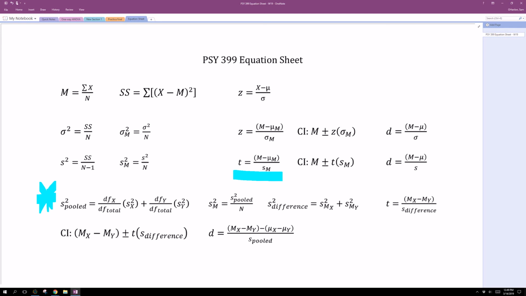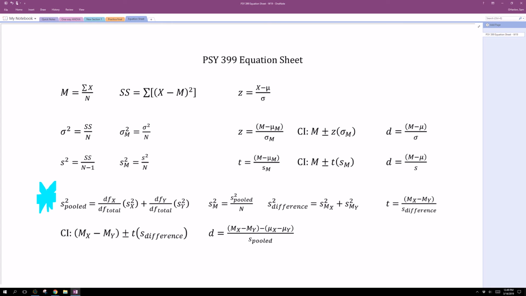So if something increases, you want that difference to be positive. So you take the difference between the after score and the before score, and then you use those difference scores just like you would your regular scores, right? So you add them all up, divide by the number of scores to get the mean, so the average difference score, and then you do the sum of squares and the variance and the standard deviation just like you would for a single sample t-test.